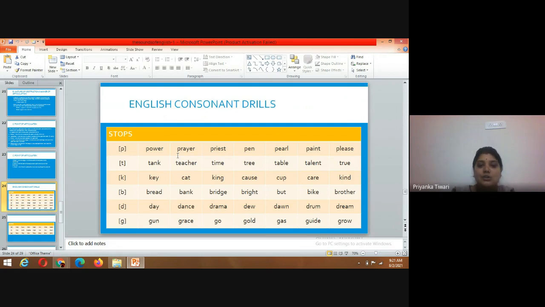K: key, cat, king, cause, cup, care, kind. B: Brad, bank, bridge, bright, but, bike, brother. D: day, dance, drummer, do, dawn, drum, dream. G: gun, grace, go, gold, gas, guide, grow.